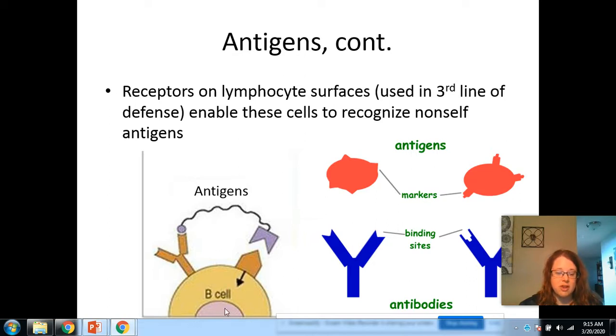You can see this is a B cell, which is an immune cell, and it has these markers on it where the antigens can attach to decide if it is bad or good. I'll get into that when I talk about the humoral response in a second. Then you also have antibodies, which are released by immune cells that can sense antigens in the body. So they will sense if they are good or bad.